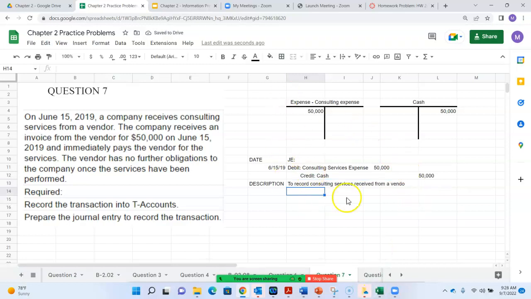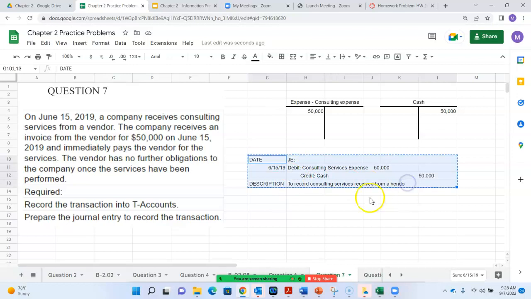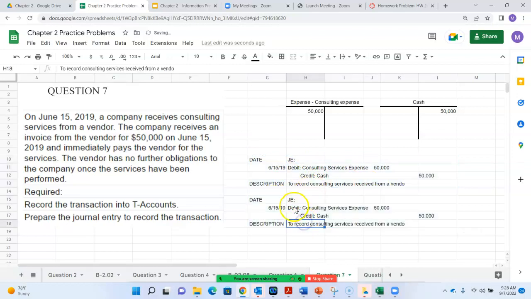Hopefully you can see that once you have the T account part down, creating a journal entry is very easy. The other thing I want to say, let's copy this down here: typically, you won't ever see the word debit written out. What you'll usually see is DR, and you're typically going to see CR with a period for credit.